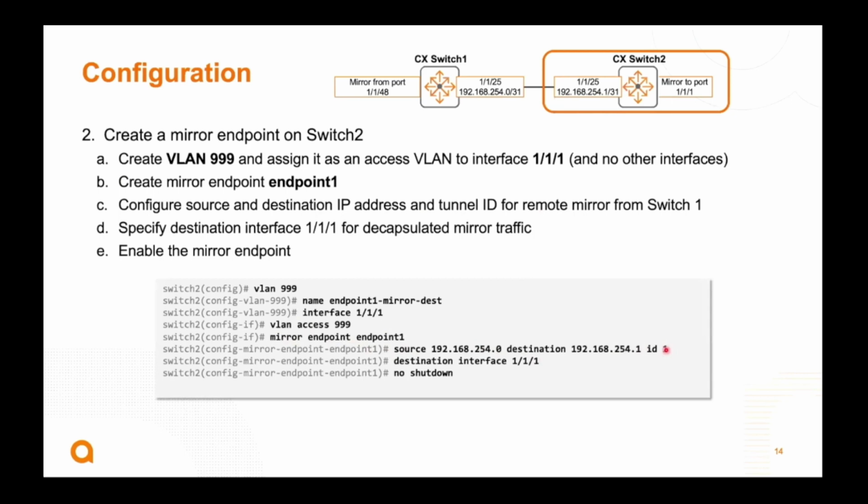If we were using mirror session 2, 3, or 4, we would put that mirror session number as the ID for this configuration. We specify destination interface 1/1/11 for decapsulated mirror traffic, and then we enable the mirror endpoint by doing no shutdown.